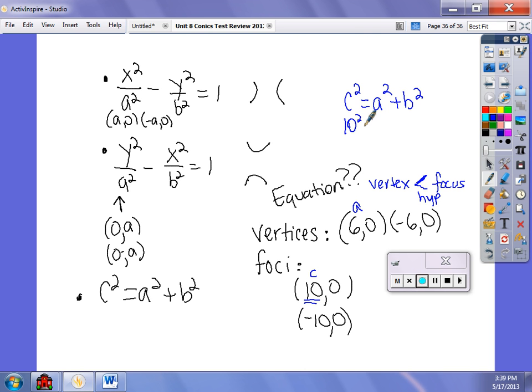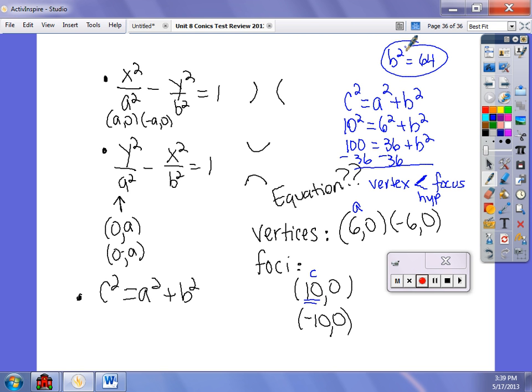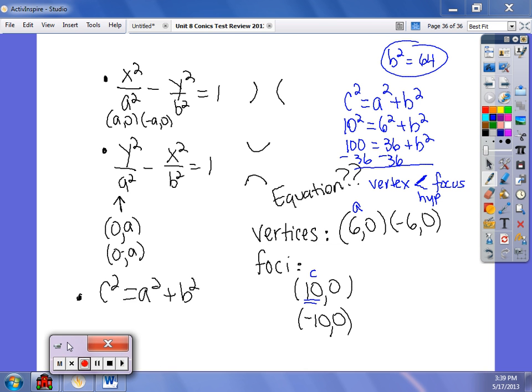Okay, so that 10 is C. So I have 10 squared equals 6 squared plus b squared. 100 equals 36 plus b squared, minus 36. B squared equals 64. I do not need to solve for b, just b squared. So now you have to decide which equation.